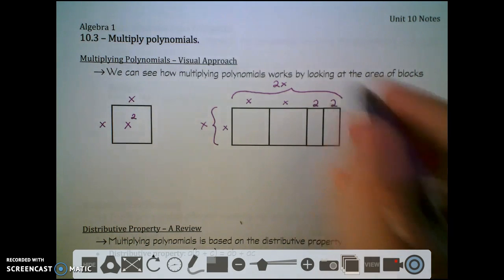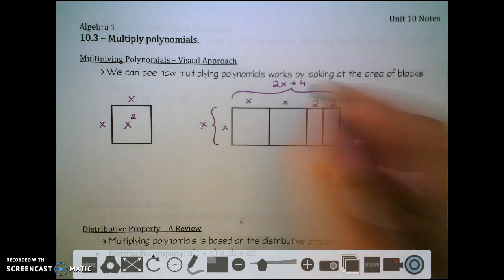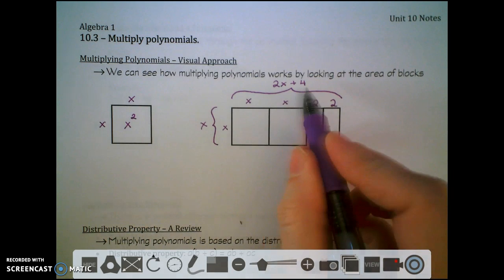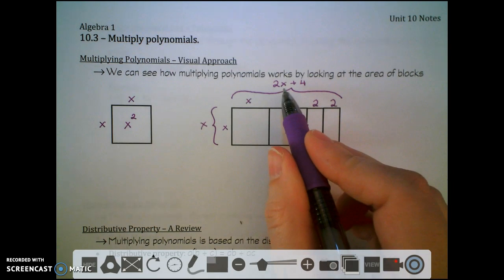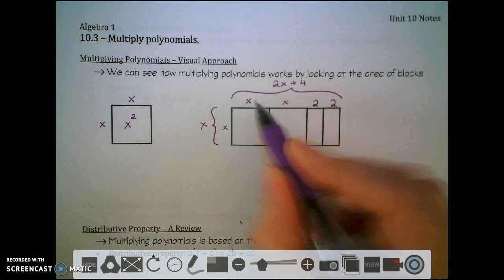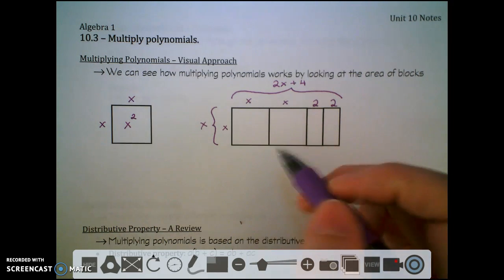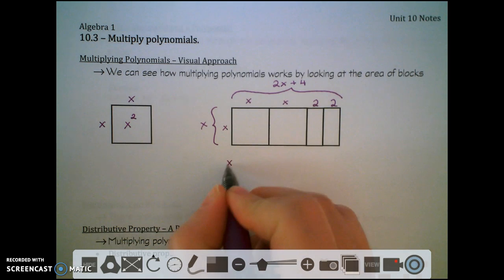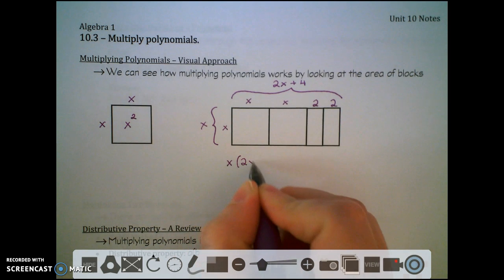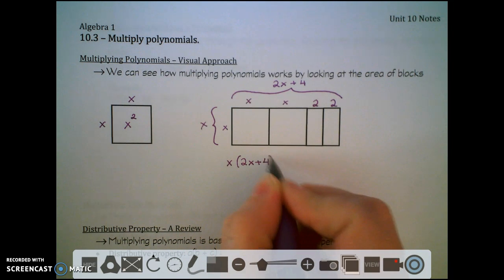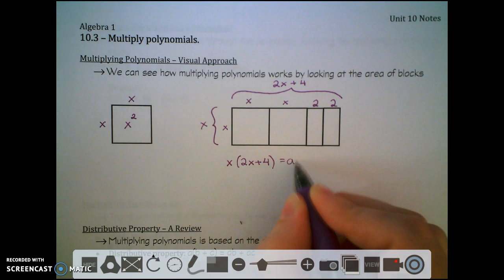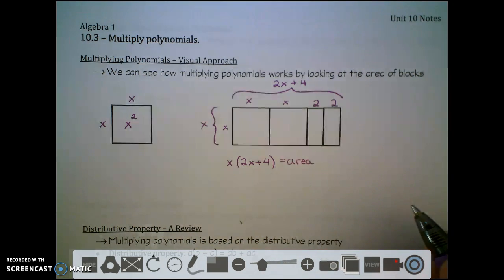Well, that's all 4. So now we have this length. We have 2x plus 4, and here we have x. So if we multiply those together, x times 2x plus 4, we'll get the area of our rectangle.